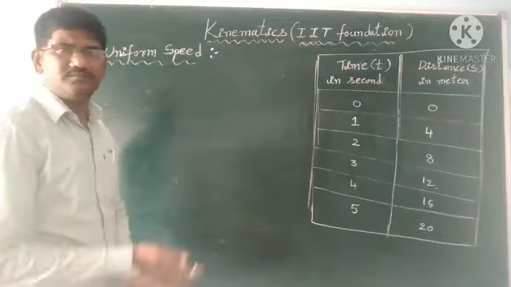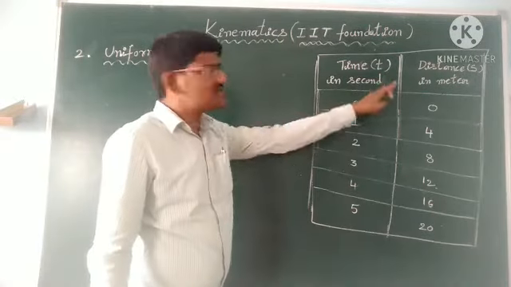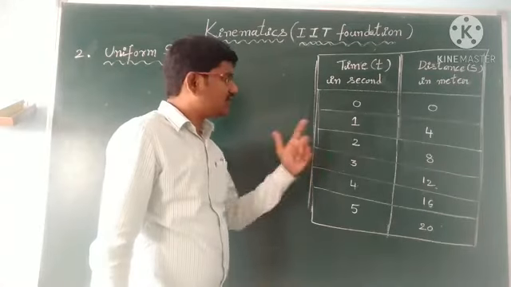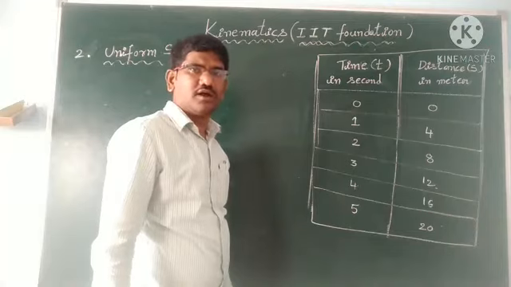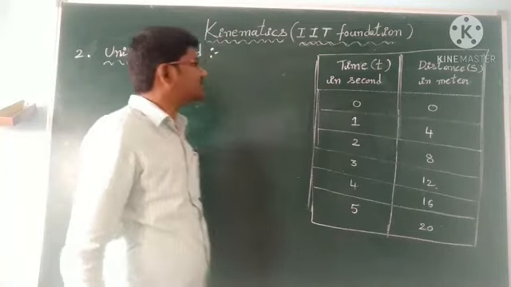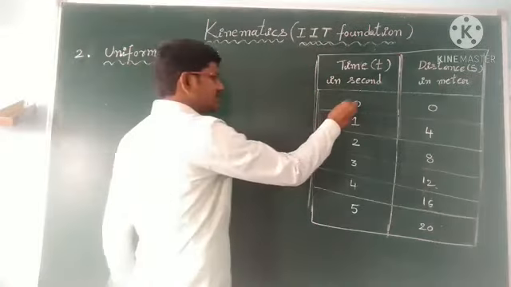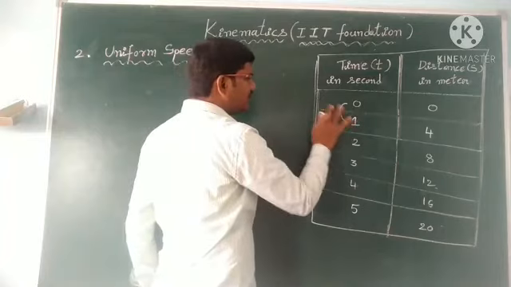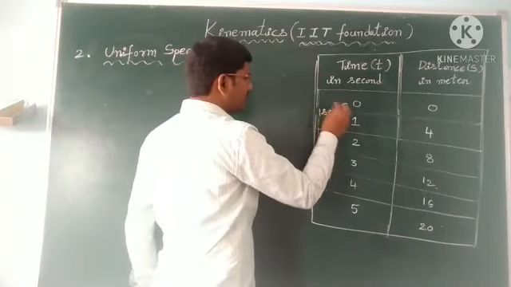Okay students, so I have taken a small table here, time in seconds, distance in meters. Now he is covering the distances as given in the table. Now see my dear students, for every 1 second, the interval of time from here to here is 1 second.